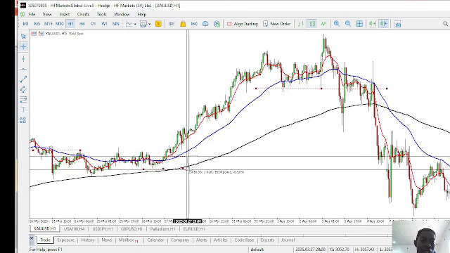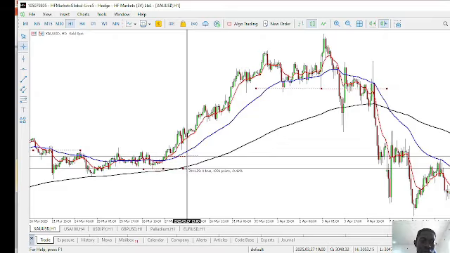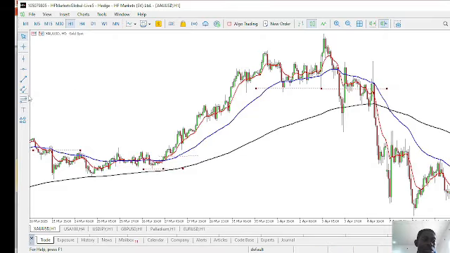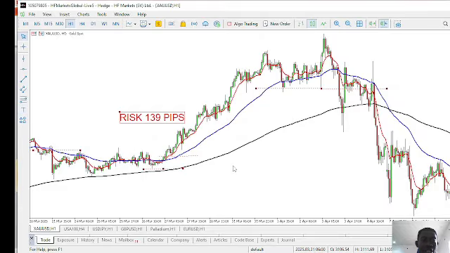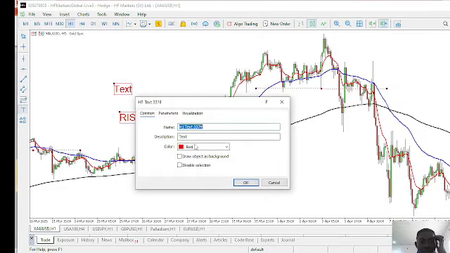I'm risking 139 pips, and my profit target is what?